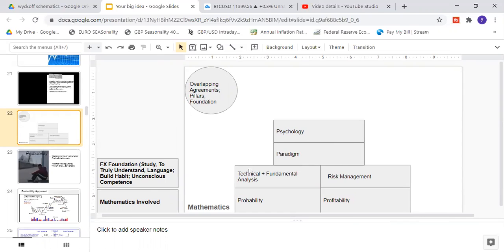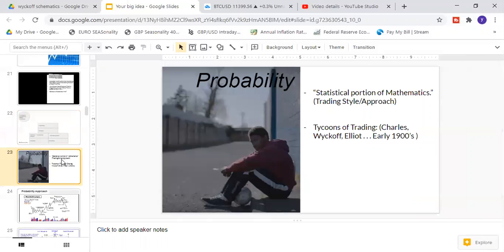Now you have your technical, fundamental, your risk management, and your psychology and paradigm, and you know which one is more involved with probability, chart work, and which one is more involved with profitability, your equation to calculate your ability to profit. So I'm just going to go right in. A lot of this is going to be very repetitive because repetition is the way to prime your subconscious mind. Let's get right into it.